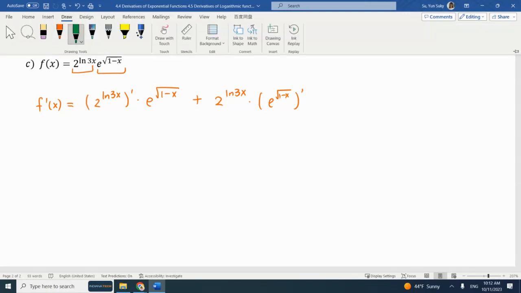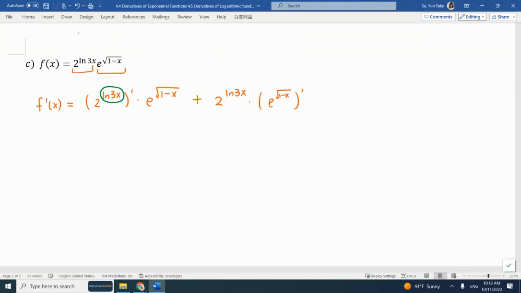Here we look at this. This is a composition function. This is the u. What is the derivative of 2 to the u? Look at the first page. If you have another base, then you use this formula.